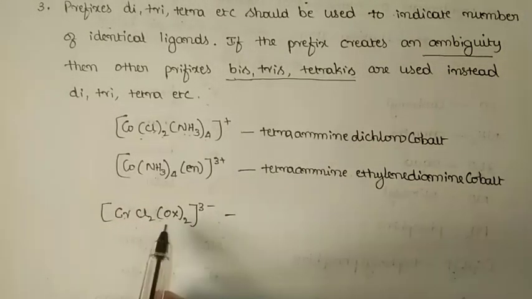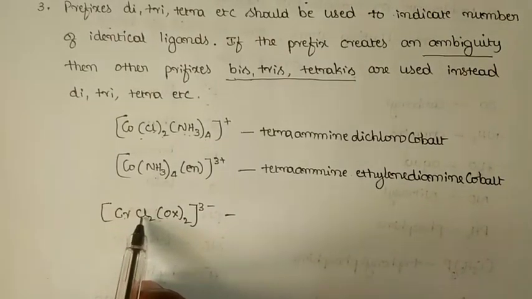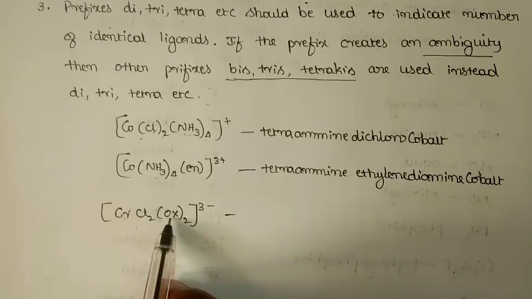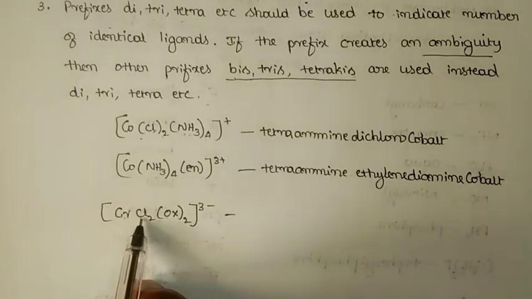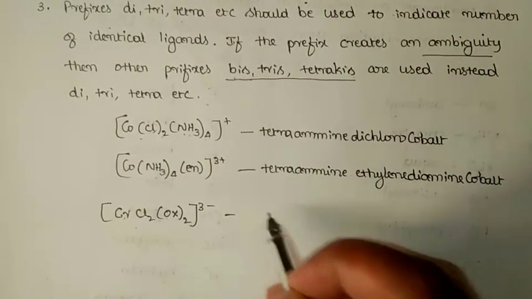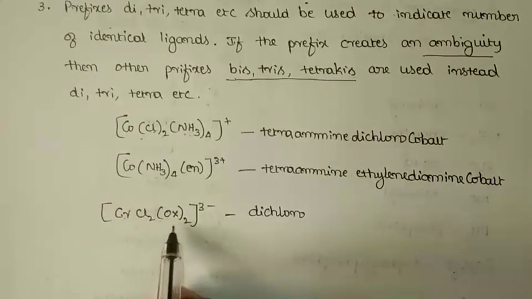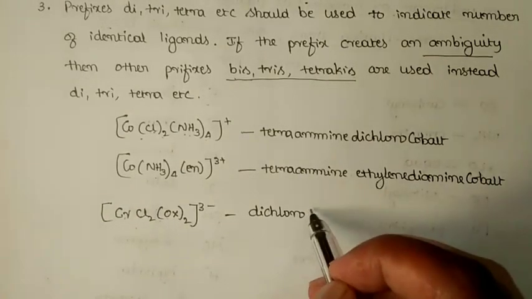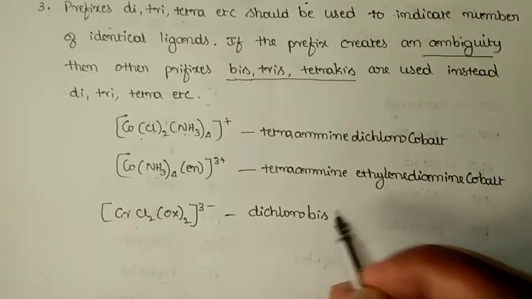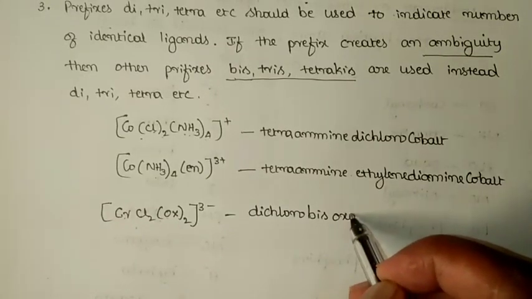So here the name: chloro starts with the alphabet C, and oxalato starts with the letter O. So first we should go with chloro. There are 2 number, so dichloro, and there are 2 oxalato. We cannot use dioxalato. Instead, bisoxalato.